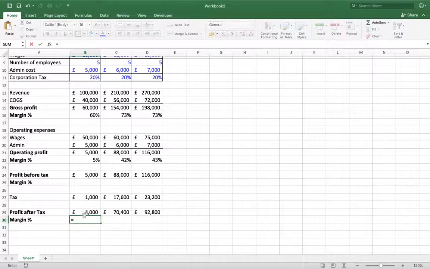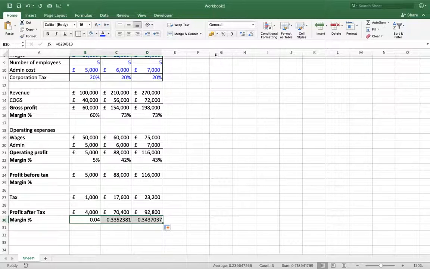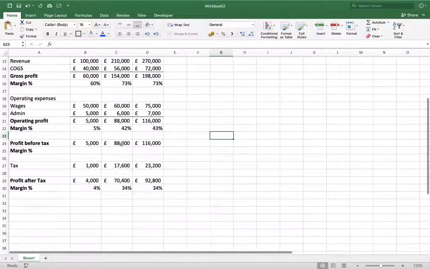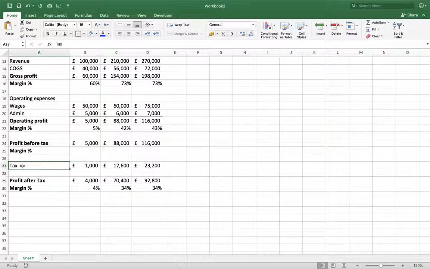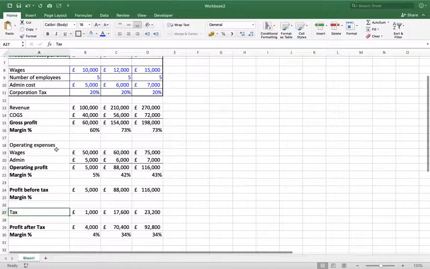We do the same margin as this to the revenue, and we drag it on as a percentage, and we've got pretty much everything that we need to know about this business.